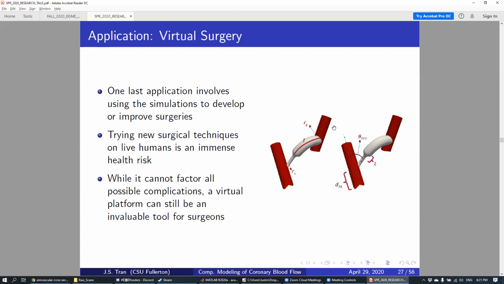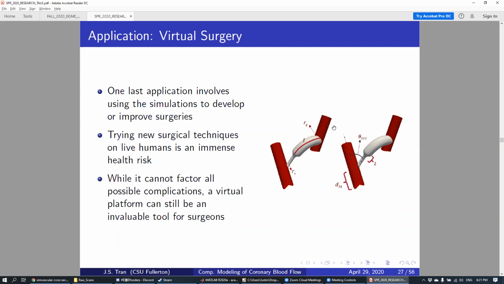Nowadays we're a lot more conservative in how we test things on real people. I think 99.9% of people would not be that excited if a surgeon came up to them and said, hey, I know you're sick, and we have this surgery that works pretty well, but I kind of want to try something new on you just to see if it'll work or not.